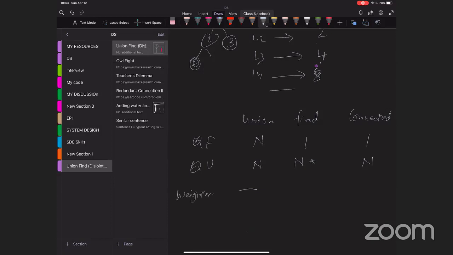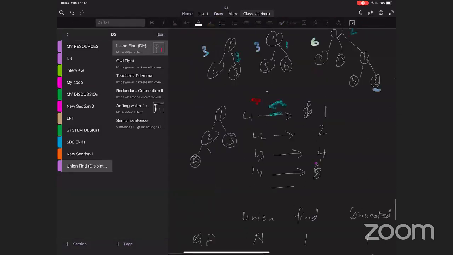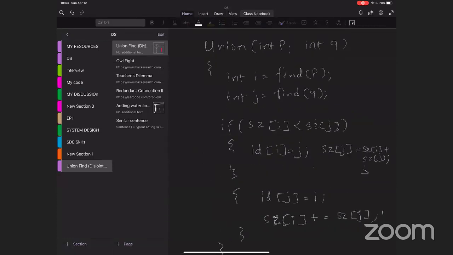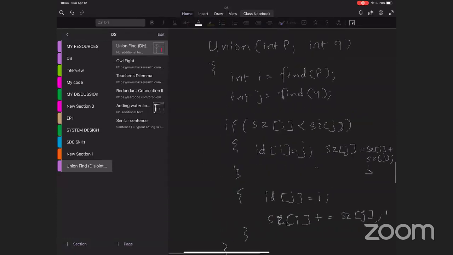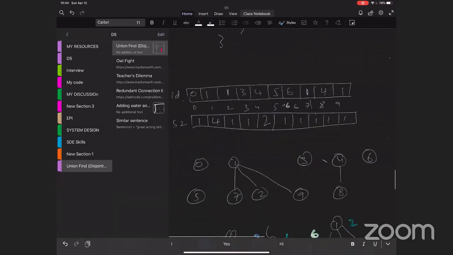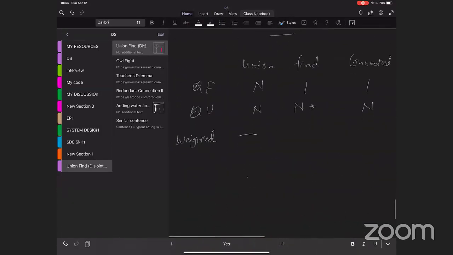Quick union is 1. Okay, so we think it was 1, but not 1. The reason is, let me go back to the code. See, union depends on the find, and find can take n in the worst case.